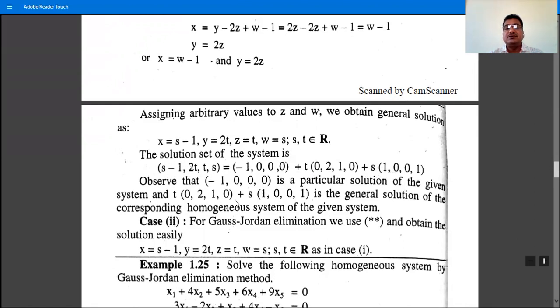So this is the solution set, written in curly brackets, and then write such that s and t belong to R.